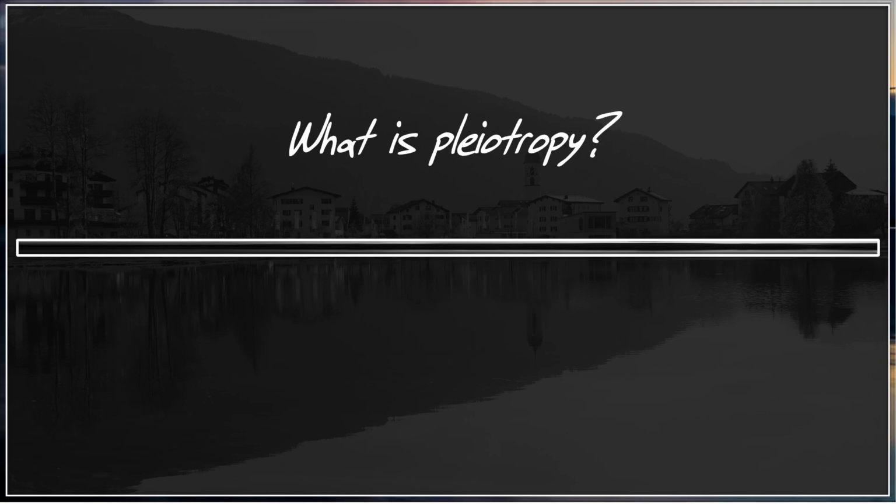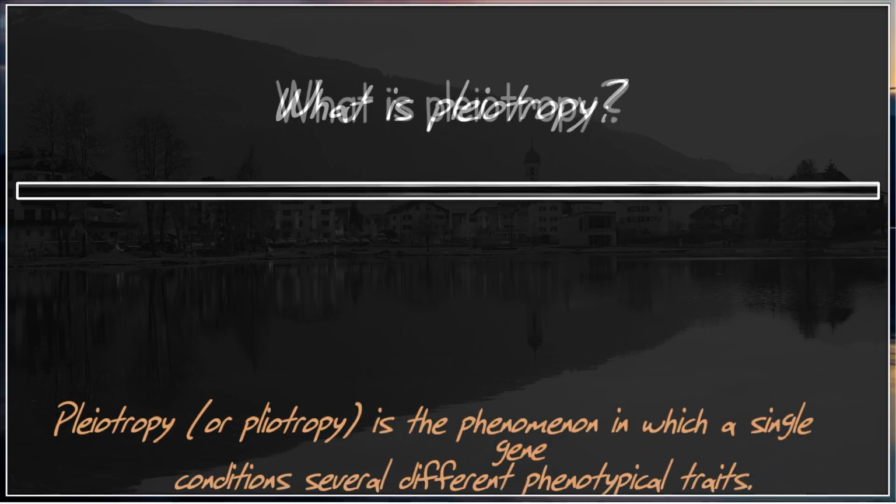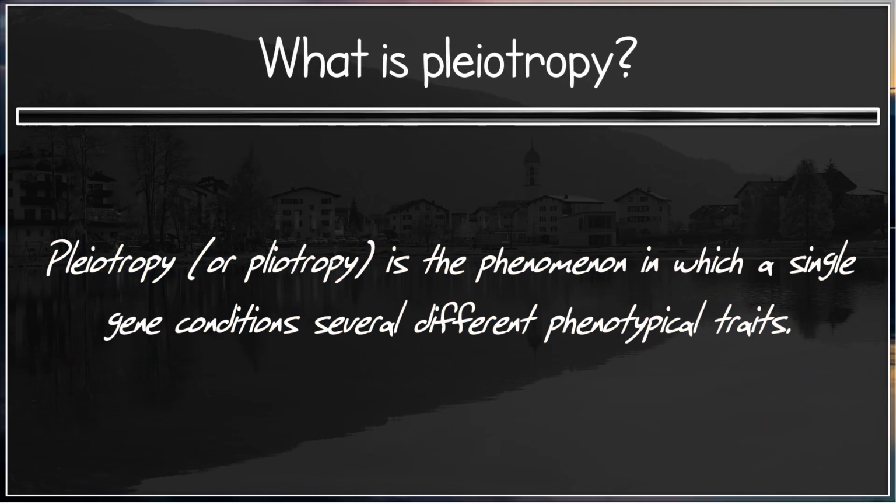What is pleiotropy? Pleiotropy is a phenomenon in which a single gene conditions several different phenotypic traits.